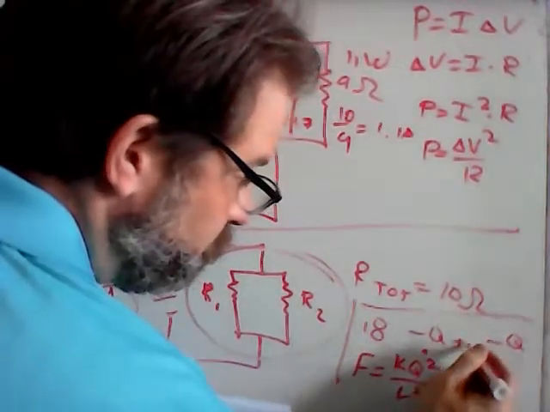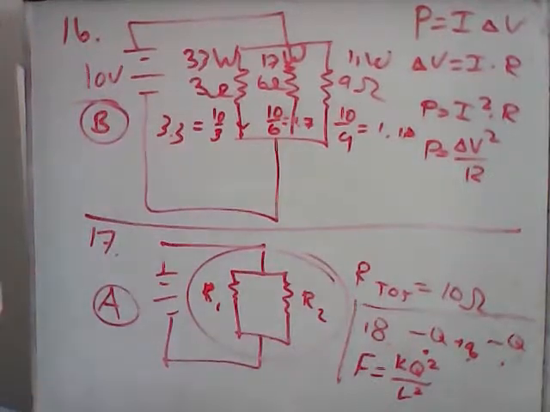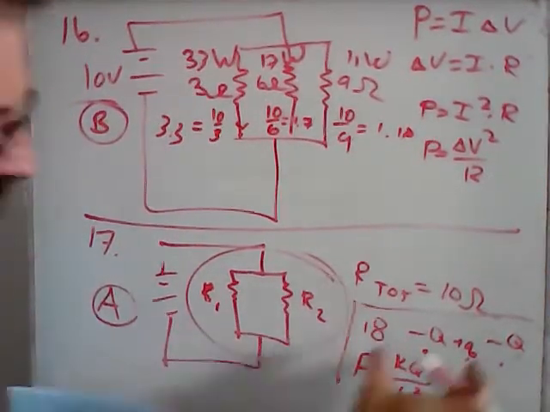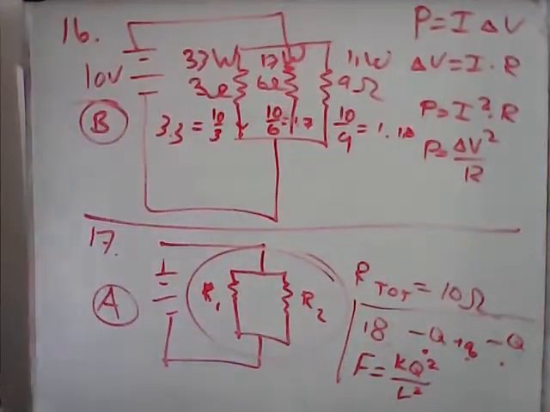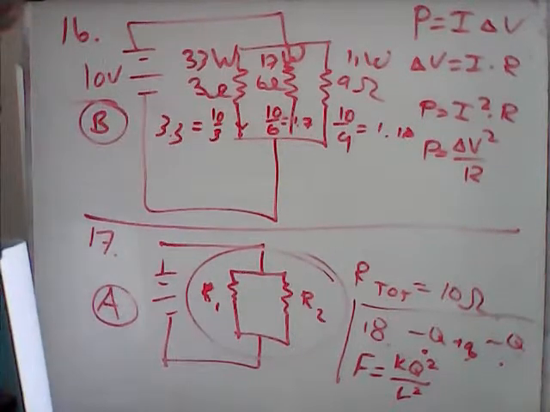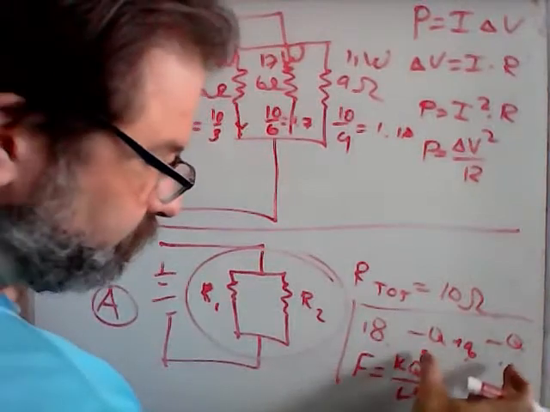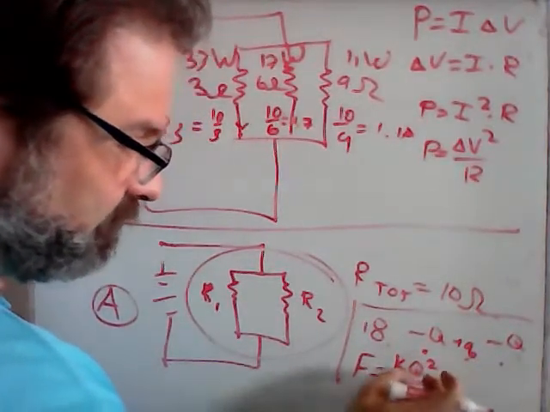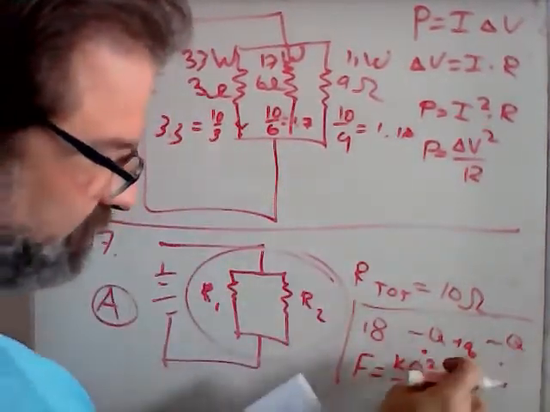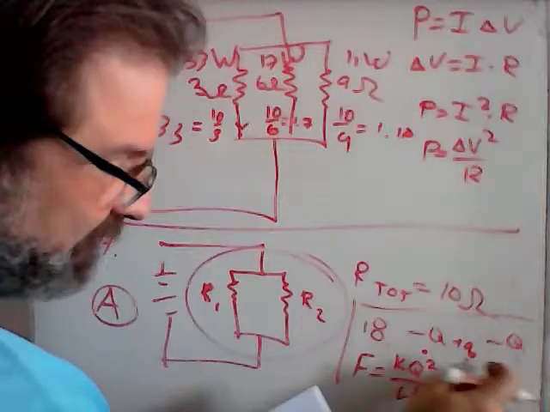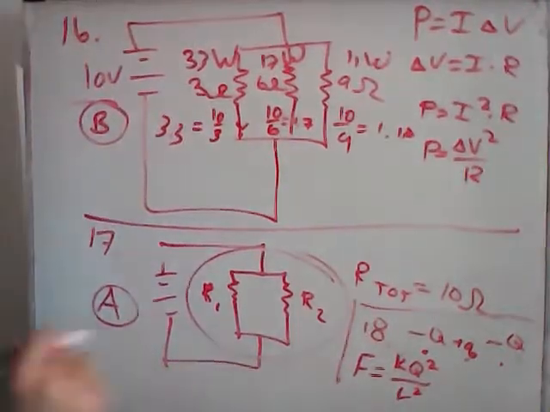What that does is it reduces the amount of force that this guy experiences by a factor of 2, which means, of course, that this guy's attracting this guy, repelling this guy. This guy is attracting this guy with half of F.